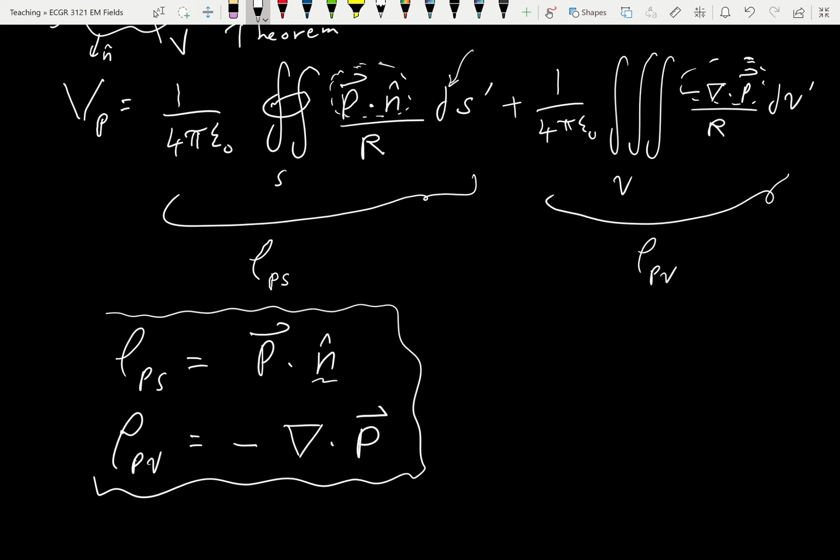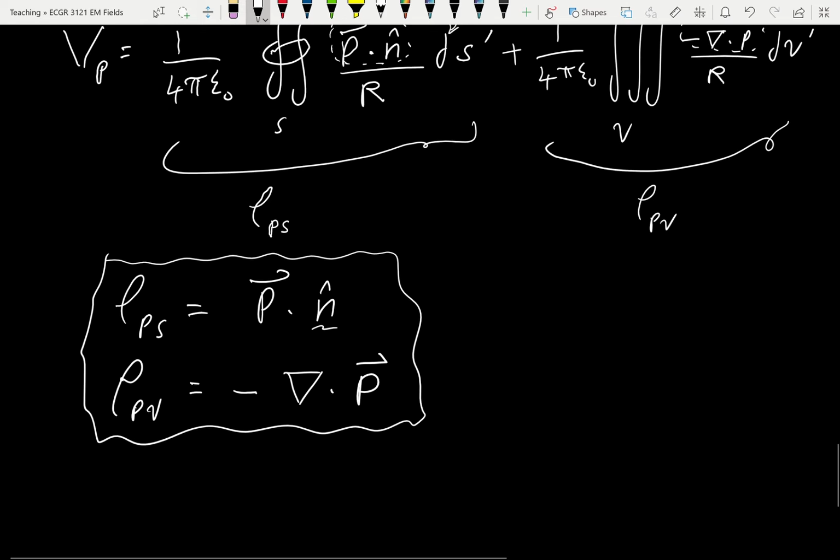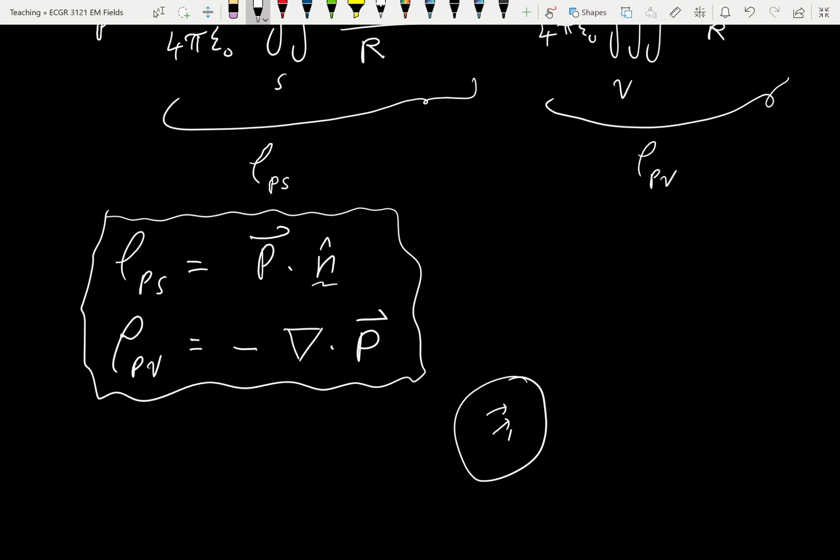And this is it. This is the link between the state of the polarization vector in a medium and the charge density and surface density that appear on the medium. This is the link between the polarization vector inside the medium, whatever the cause of the polarization is, whether it's spontaneous or arising due to an electric field, and the volume charge density due to polarization that appears in the medium, and surface charge density on the boundary due to polarization.